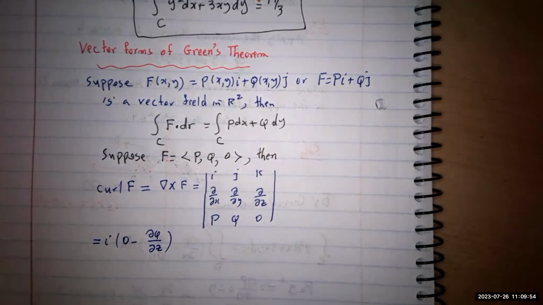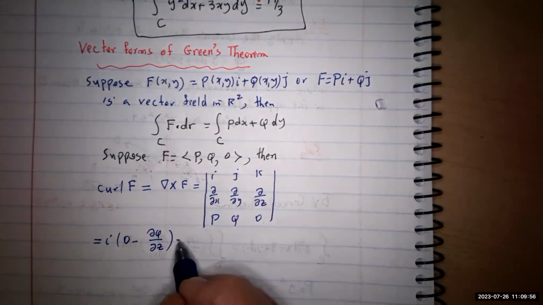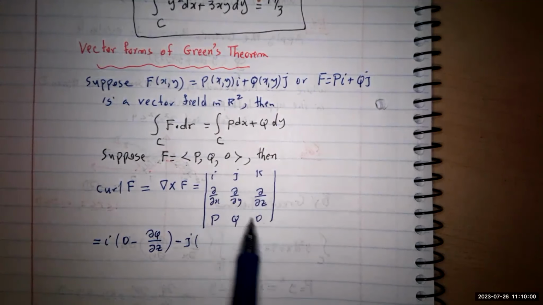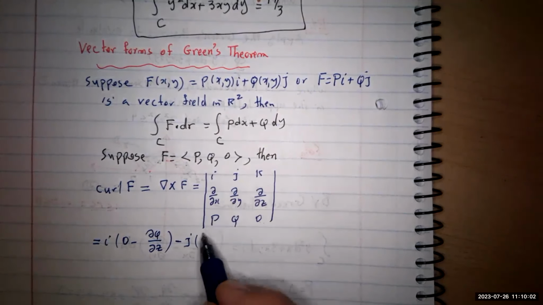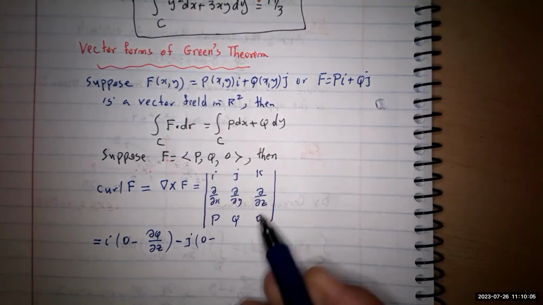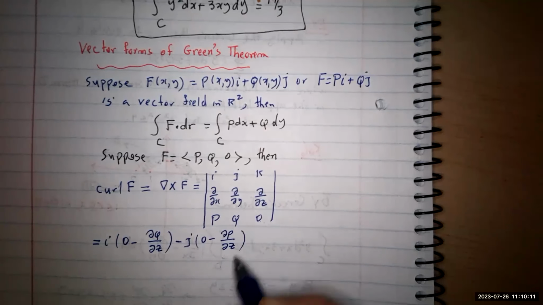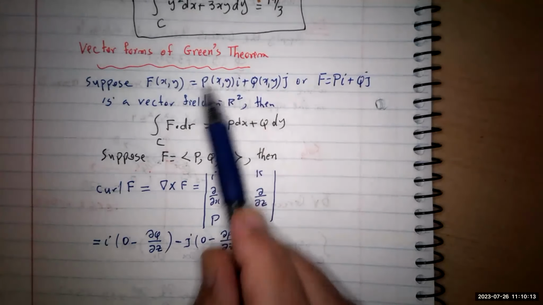Then it's minus J. So eliminate the first row, second column. This would be the partial derivative of 0, which is 0, minus the partial derivative of P with respect to Z. Of course, this is also 0 because P is a function of two variables.